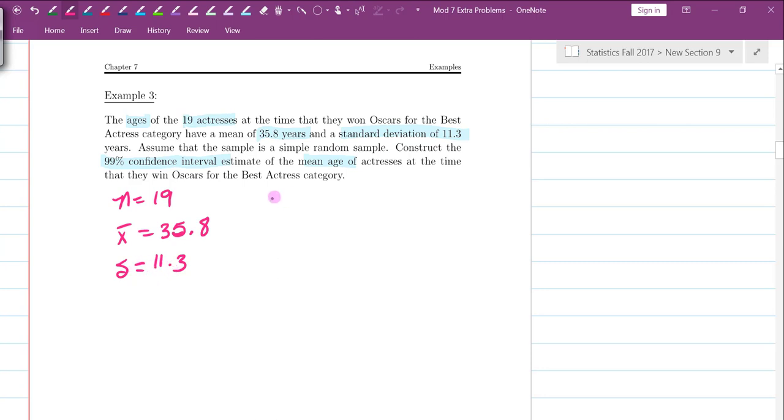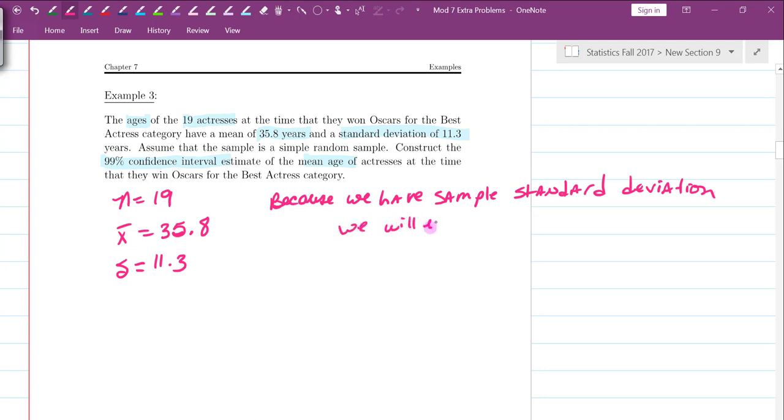Therefore, because we have a sample standard deviation, because of that one factor, we will use a T distribution. This tells us that our population standard deviation is not known. Therefore, we are going to approximate it using our sample standard deviation, which is denoted by S.